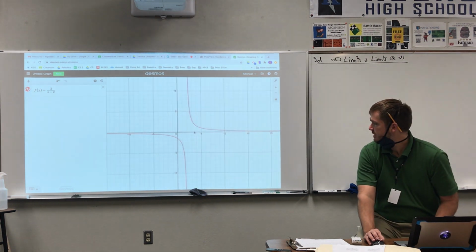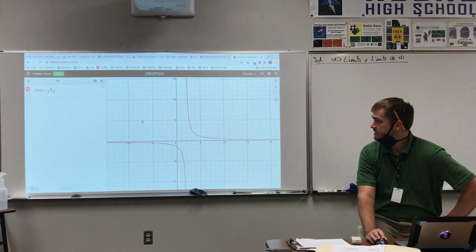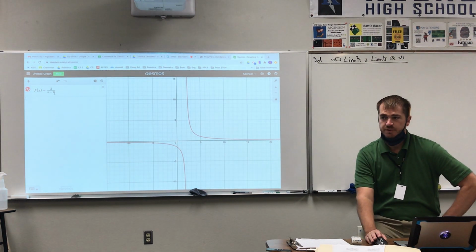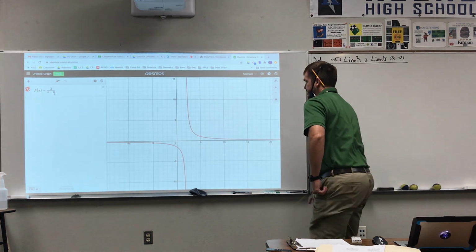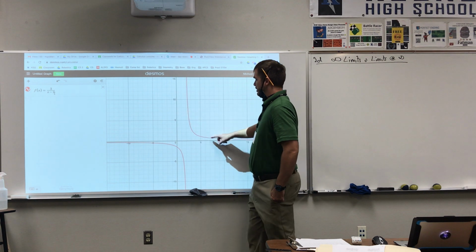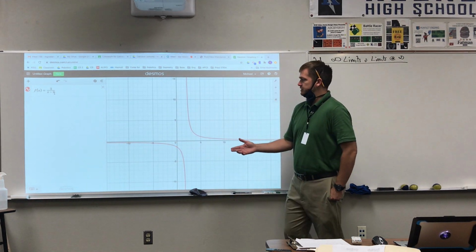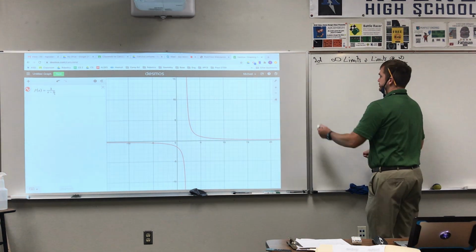So we can kind of see what that looks like. This is a ratio right here, 3 over x minus 2, and so we call this a rational function. Rational functions normally have an asymptote somewhere. They don't always, but sometimes they do.